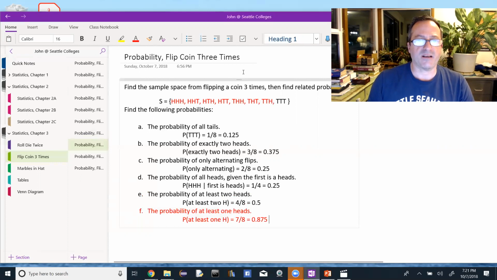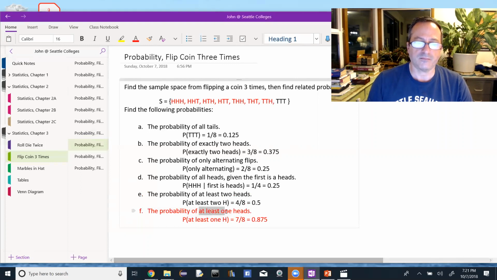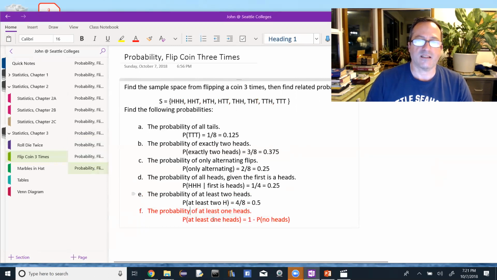But I could also think about, and this is useful when we can't figure out the first part, when we're looking for the probability of at least one thing happening, I can think of it as: look at all the possibilities, that probability is 1, and subtract off the one where there are no heads.